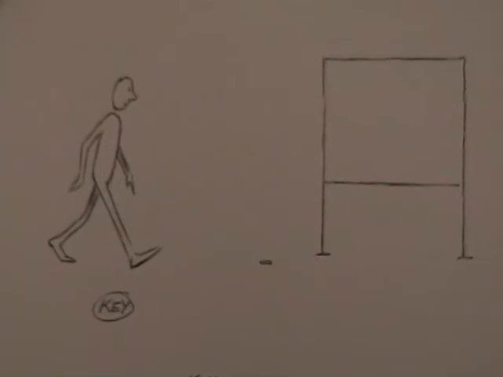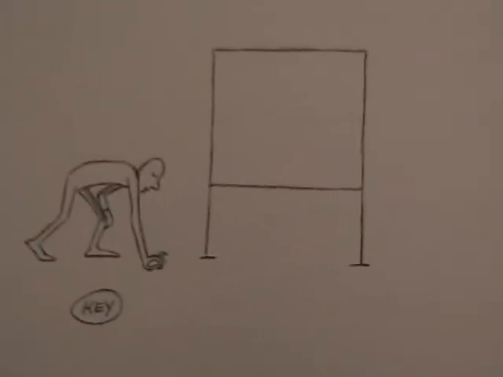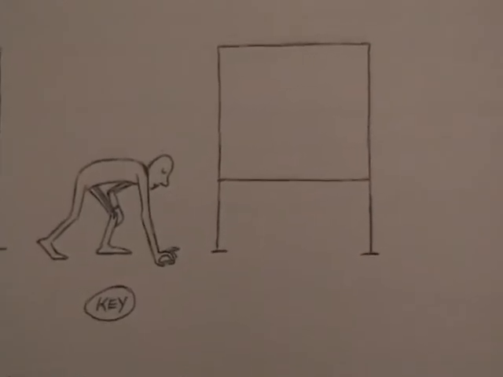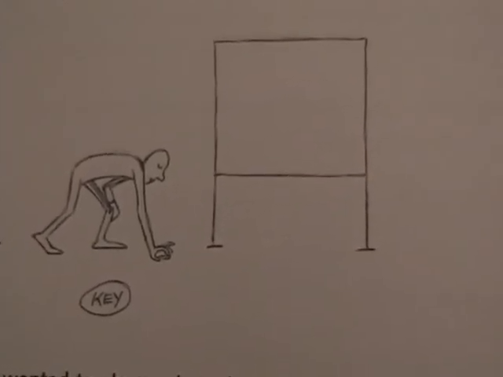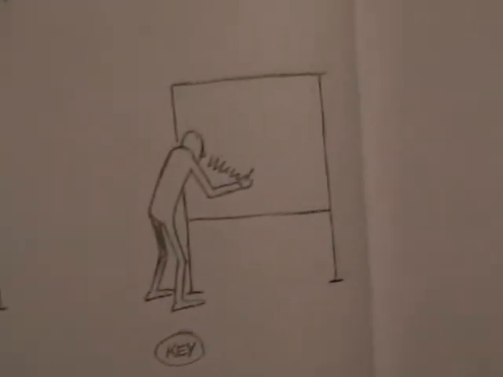While here we only see the key actions: man walking, man picks up chalk, man writes with chalk.